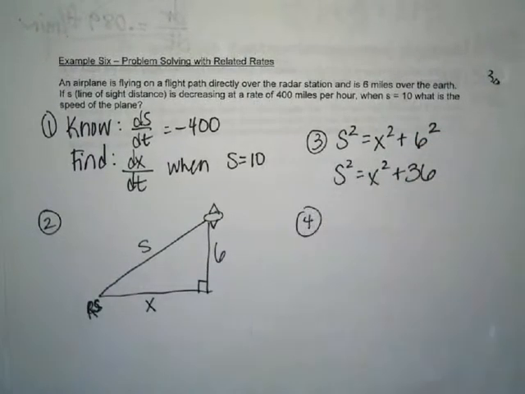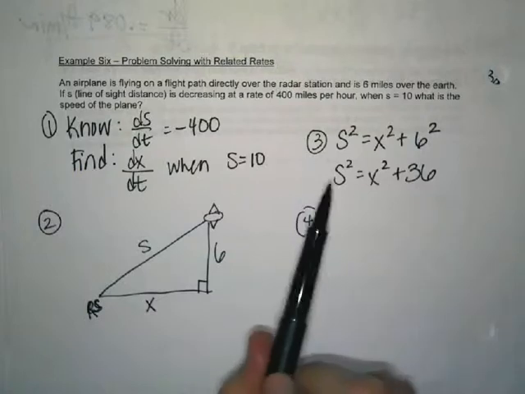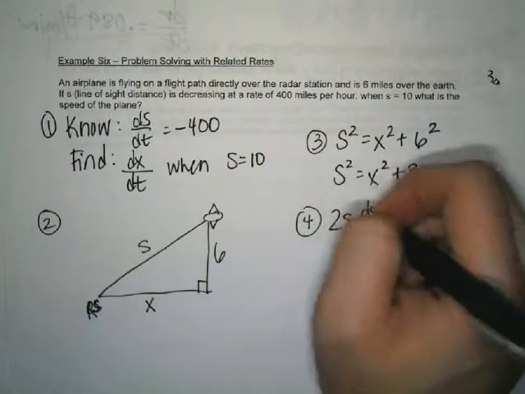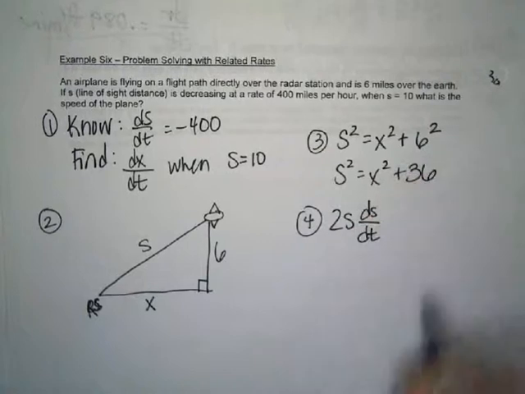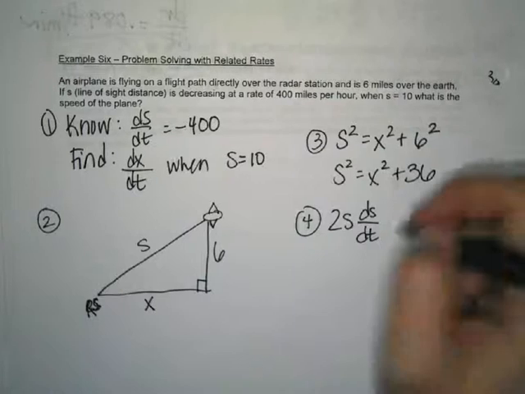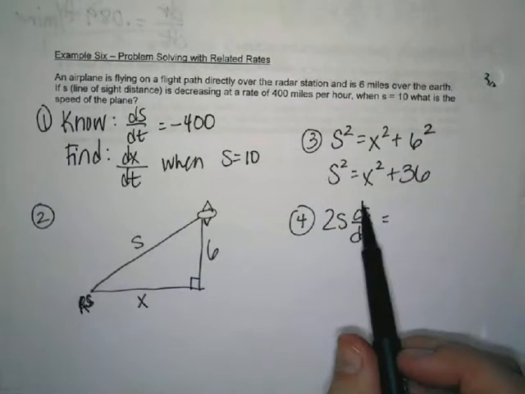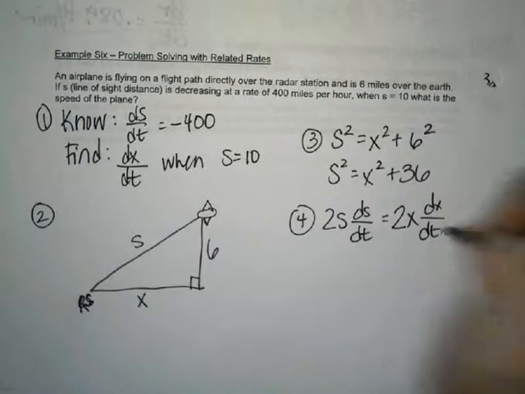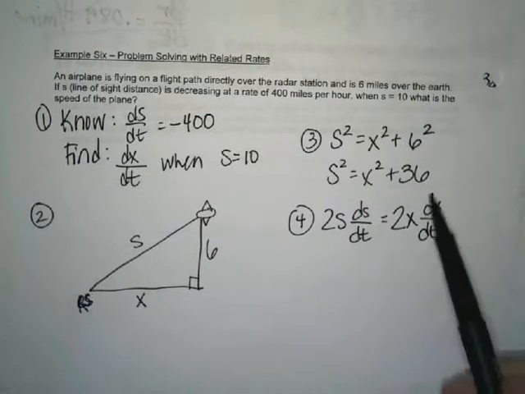In step 4, we differentiate, because we're looking for a rate of change, so we can only find that when we take the derivative. The derivative of s squared is 2s ds over dt, and the derivative of x squared is 2x dx over dt. And the derivative of 36 is 0.